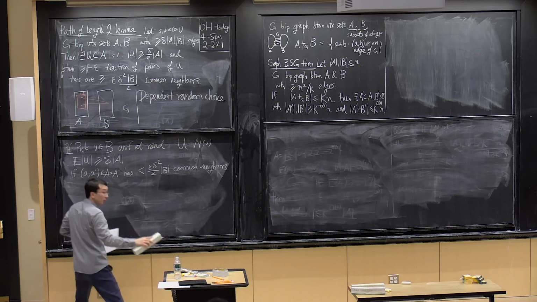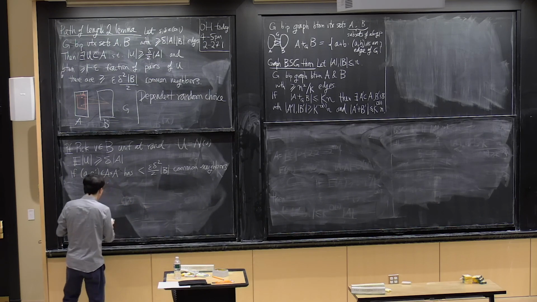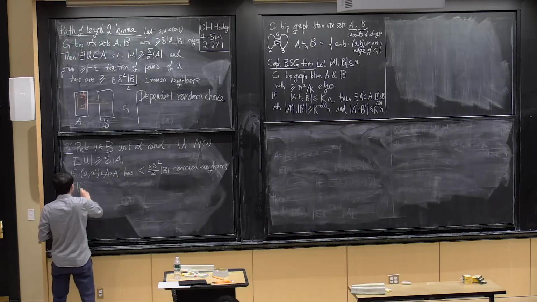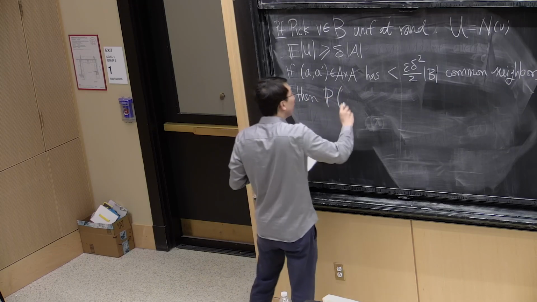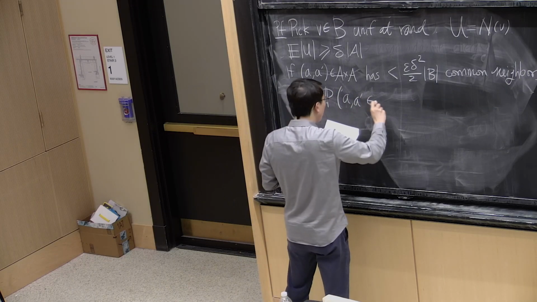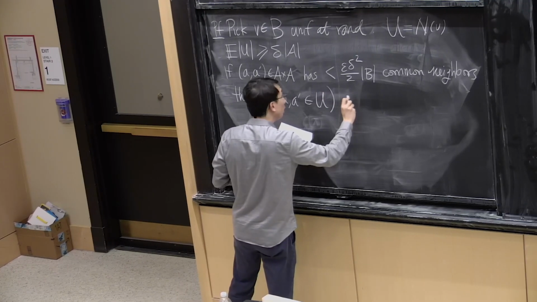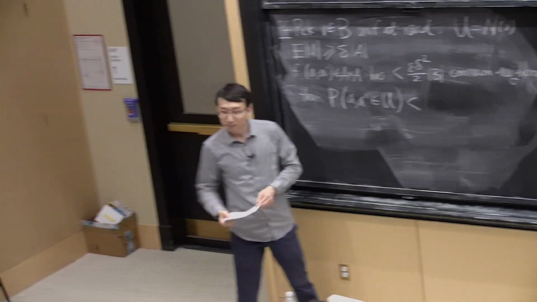So if A and A prime have a small number of common neighbors, then the probability that A and A prime both lie in U should be quite small.